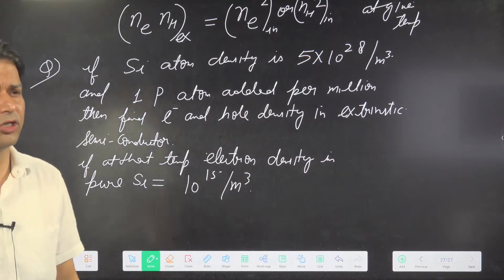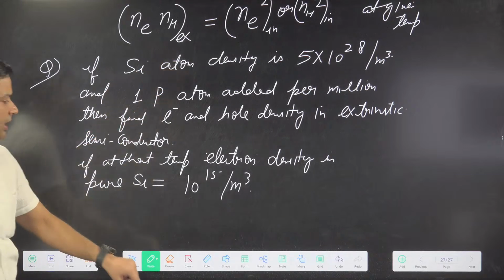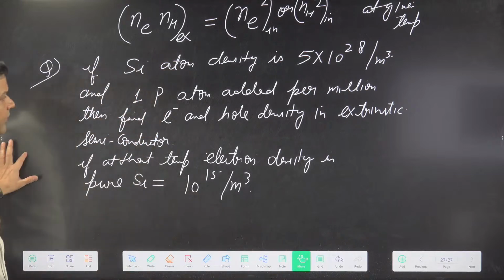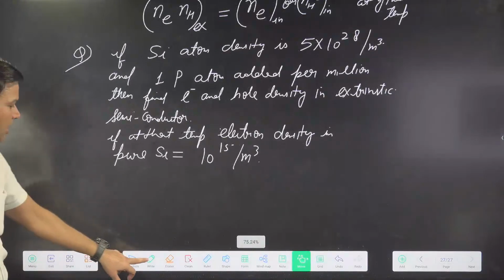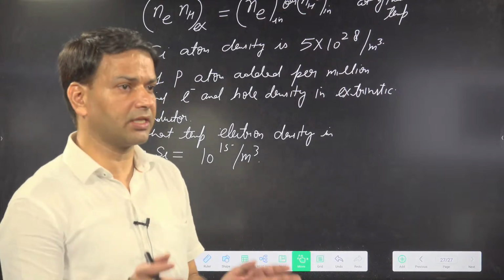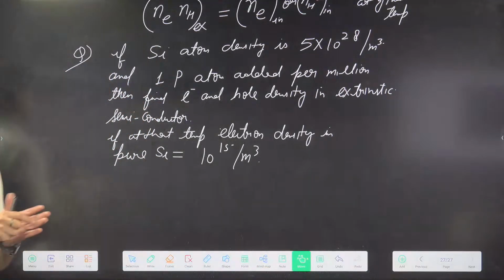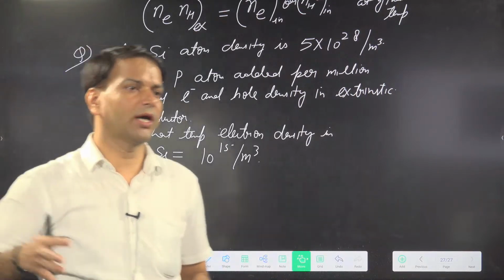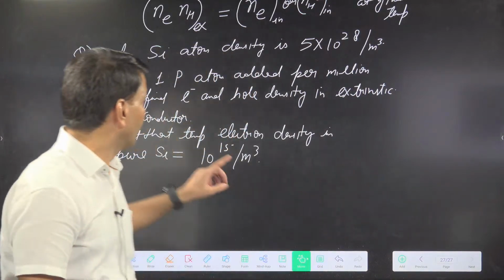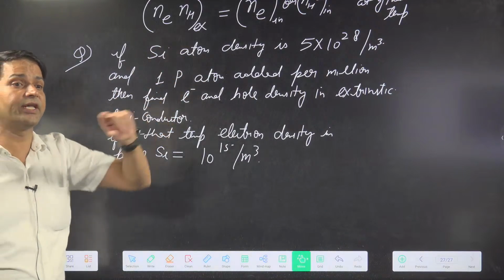When we are adding the phosphorus pentavalent atom, it will create an n-type semiconductor. After adding, it becomes extrinsic. We know that at a given temperature the product of electron density and hole density will be equal to Ne square or NH square. What is the number of electron or hole density we will take in extrinsic?